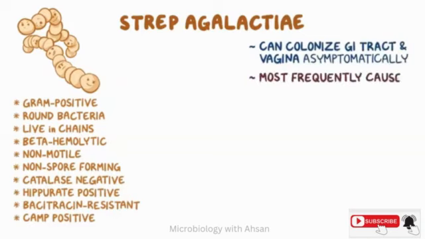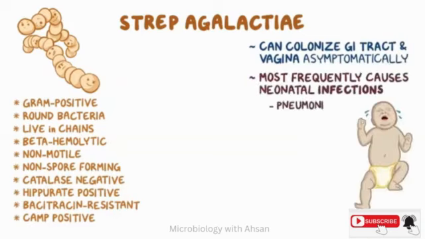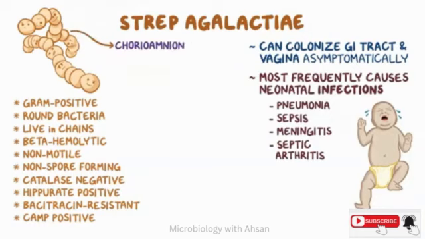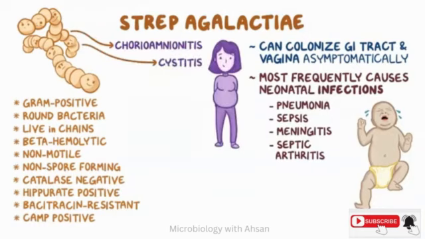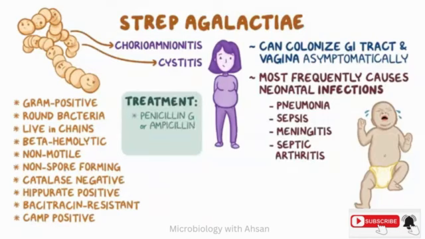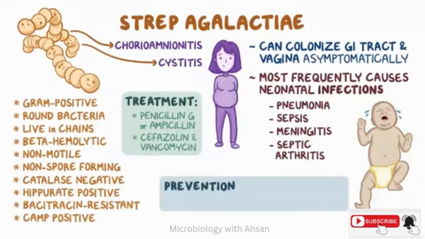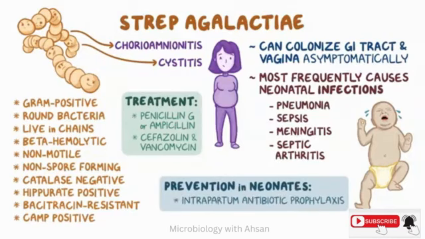Most frequently, it causes neonatal infections like pneumonia, sepsis, meningitis, and septic arthritis. But it can also cause chorioamnionitis or cystitis in pregnant females. Treatment relies on penicillin G or ampicillin, but cefazolin and vancomycin might be used as alternatives. To prevent strep agalactiae infections in neonates, intrapartum antibiotic prophylaxis can be administered to vaginally colonized pregnant females.